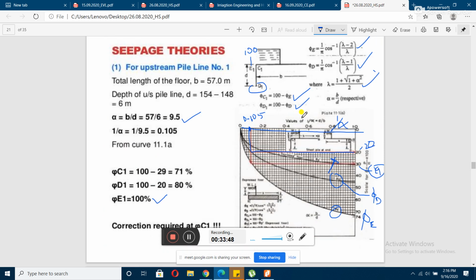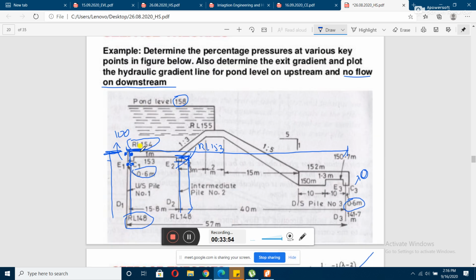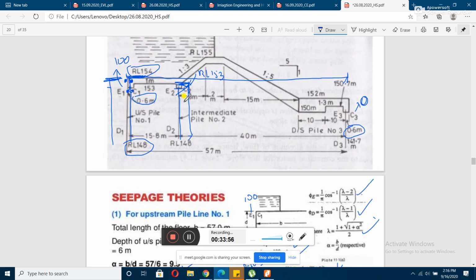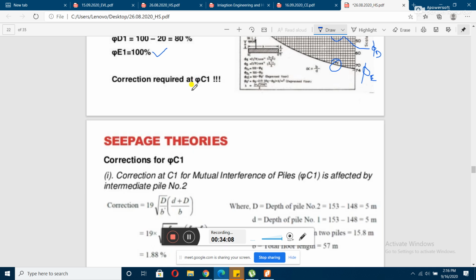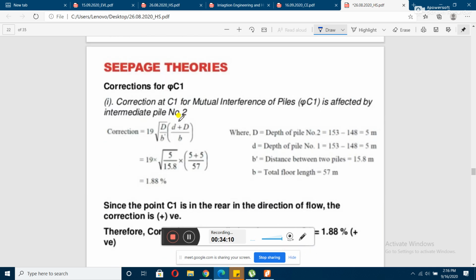While considering these particular calculations, we will be considering the depth of the pile from the top fiber, but for the correction part we will be considering only from this particular part. That is from the bottom fiber, or the fiber from which your cutoff pile has been constructed. So the depth turns out to be 5 meter.